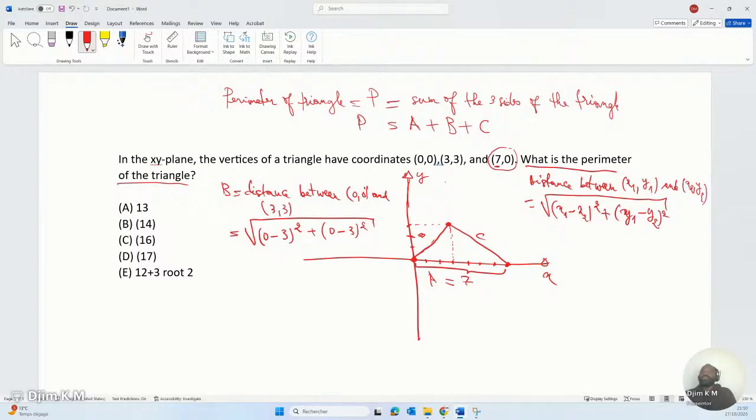So that's basically what we are doing here. This will give us 9 plus 9, which is 18. 18 is 9 times 2, so 3 square root of 2. So that's the distance B.